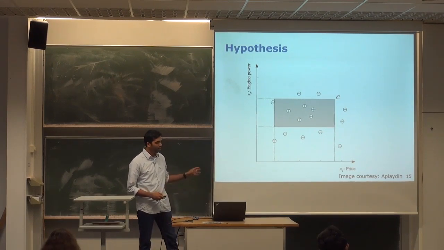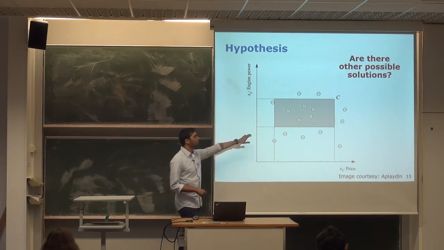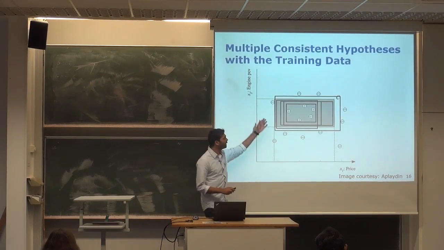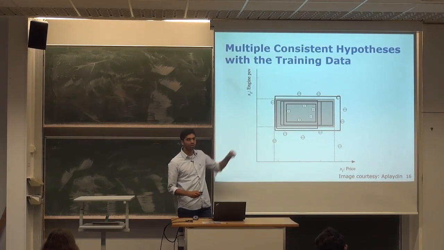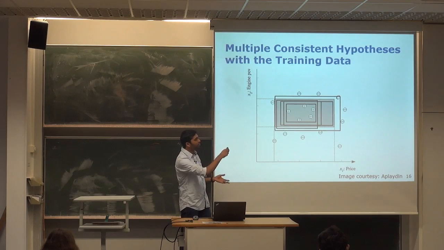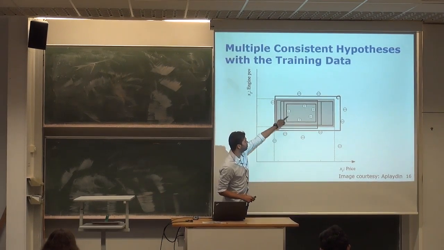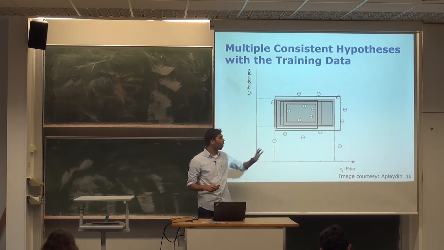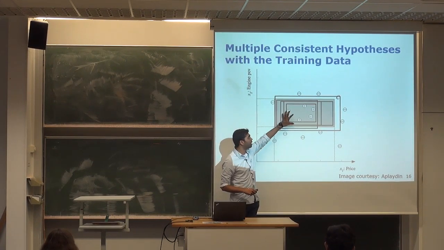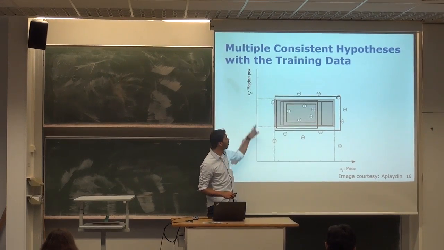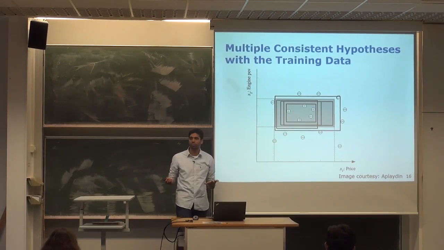Right? But the thing is, this is not the only box that you could draw. You could draw any number of these boxes that you see here, and all of them agree with your training data. So take any one of these black boxes. All the examples which are a family car are inside this box, and all of them which are not a family car are outside of this box.